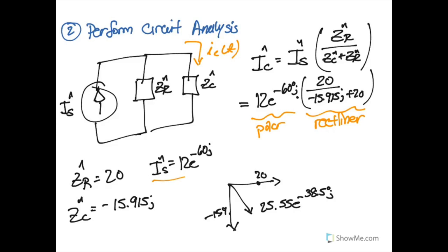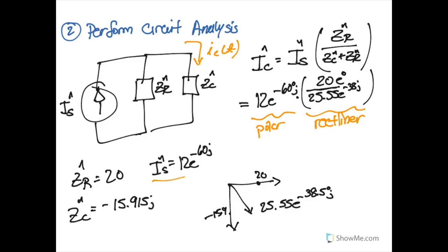And so we can replace this denominator with a polar representation. I'm just going to erase it here and replace this with 25.55 e to the negative 38j. And again, we don't need to replace the numerator because it's already in a polar format, we can just consider this e to the 0.